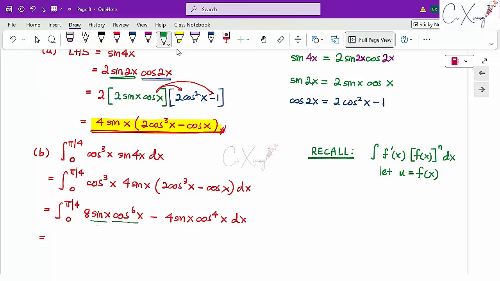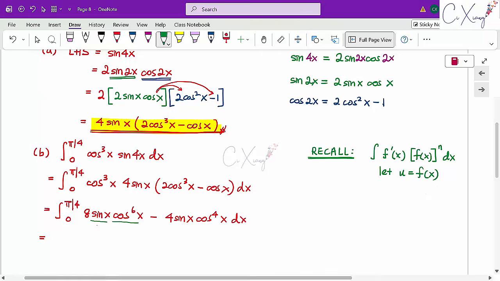I believe that in future they might have more questions like this, so try to learn how to identify simple examples. If you see this pattern, f prime x multiplied with fx power n, then you always let u equal fx. This is the substitution technique.